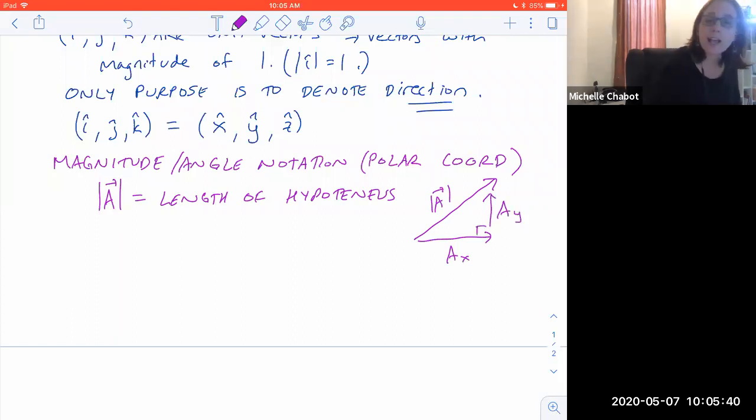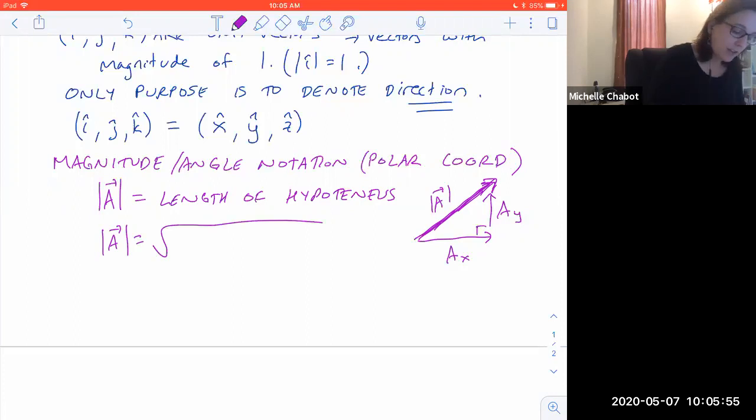And so the magnitude of A is always the hypotenuse of the right triangle. And so the length of that hypotenuse can be written as the square root of the sum of the squares of the sides. So just our good old Pythagorean theorem. Ax squared plus Ay squared equals the hypotenuse squared.